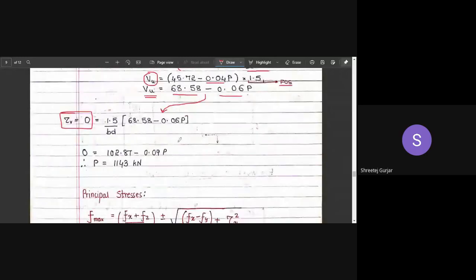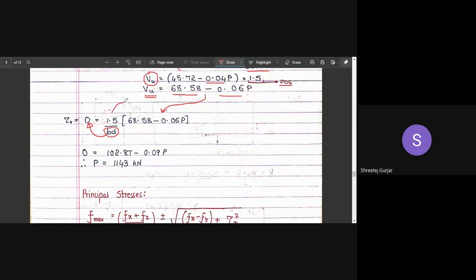So 0 is equal to 102.87. Why have I not substituted BD here? Because BD will go on the other side, it will be multiplied by 0, hence it will be equal to 0 itself. So this particular value I have not substituted.